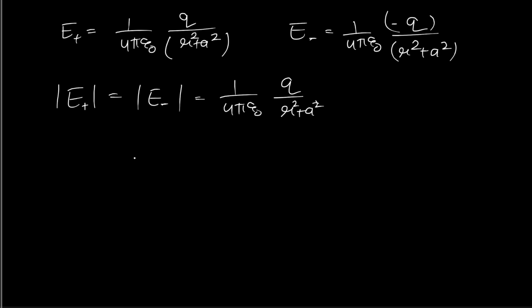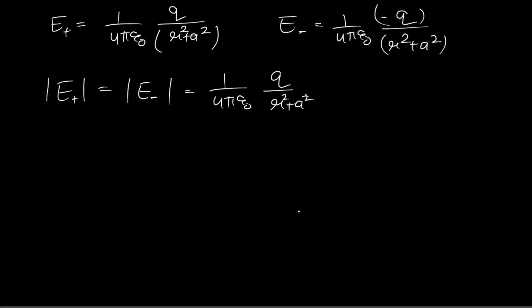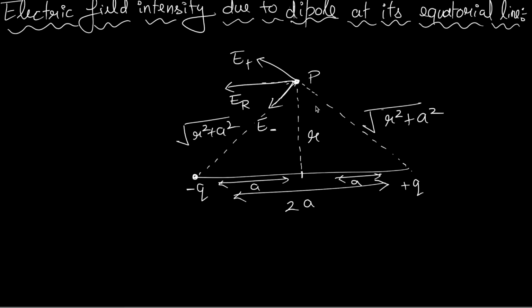Then if you find the resultant magnitude, for this let me go to the next. Let me take this as theta, and then this comes out to be 90 minus theta.